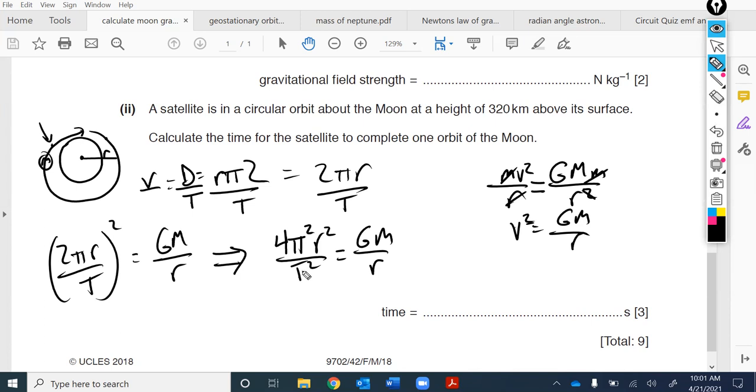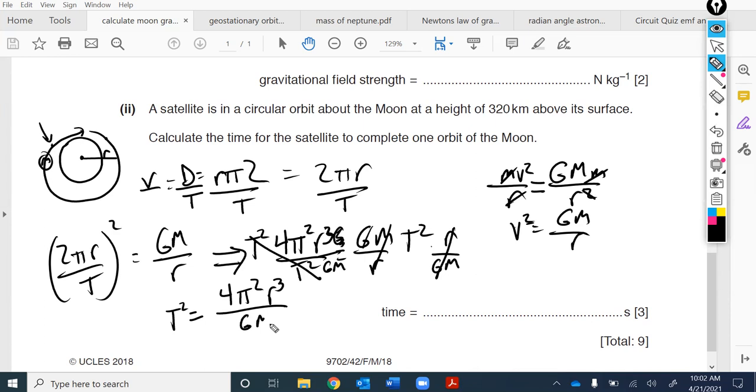And now we'll move t squared up to this side of the equation, and we'll multiply by r over GM. So times it by r, times it by g, times it by r, and then divide it by GM. So we do the same thing to both sides. So G's cancel, M's cancel, r's cancel, and we've got the time squared equal to, if you can keep track of that mess there, 4 pi squared r cubed over GM.